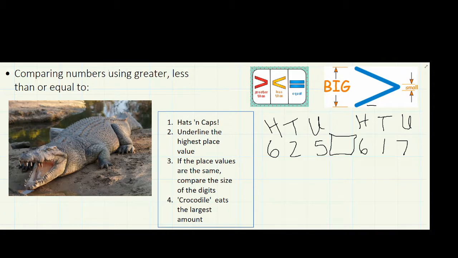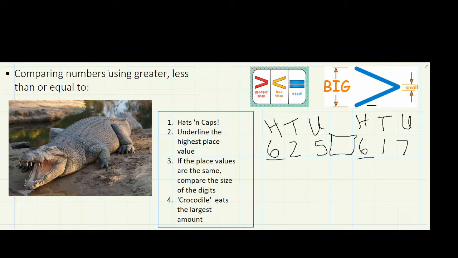Who knows? Number 2, it says underline the highest place value. The highest place value is the 100 on this side, and the highest place value is the 100 on this side. Now, Mr. Sewell, it says if the place values are the same, compare the size of the digits. But we have a problem here. What is the problem that you see? They're both worth 600. Now that is a problematic thing, isn't it?